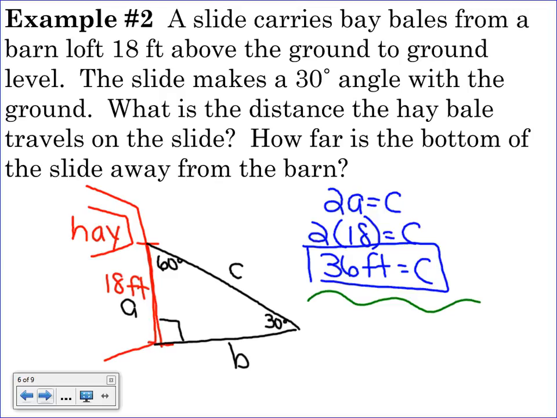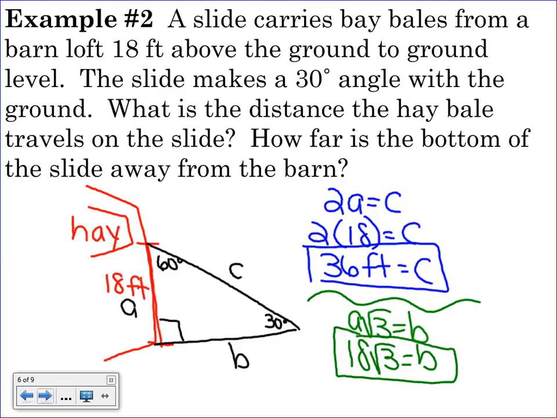So we can either use the formula B equals 1/2 times C times the square root of 3, or we can use the other easy one I taught you, which said that A times the square root of 3 equals B. So again, we just plug in 18 for A. 18 times the square root of 3 gives you B. Now this answer doesn't say round your answer to the nearest tenth, so we're just going to keep this in terms of radical. And our answer is going to be 18 times the square root of 3.